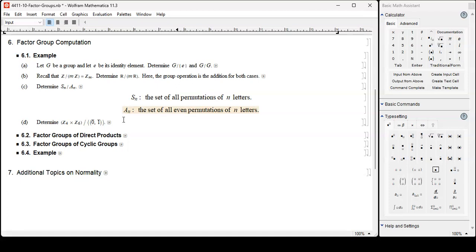And then, of course, An is a subgroup of Sn. Please recall that every permutation can be decomposed as a finite product of transpositions, and that number of transpositions required for that product is not unique, but it is unique modulo 2. So whether it is even or odd is definitely determined.